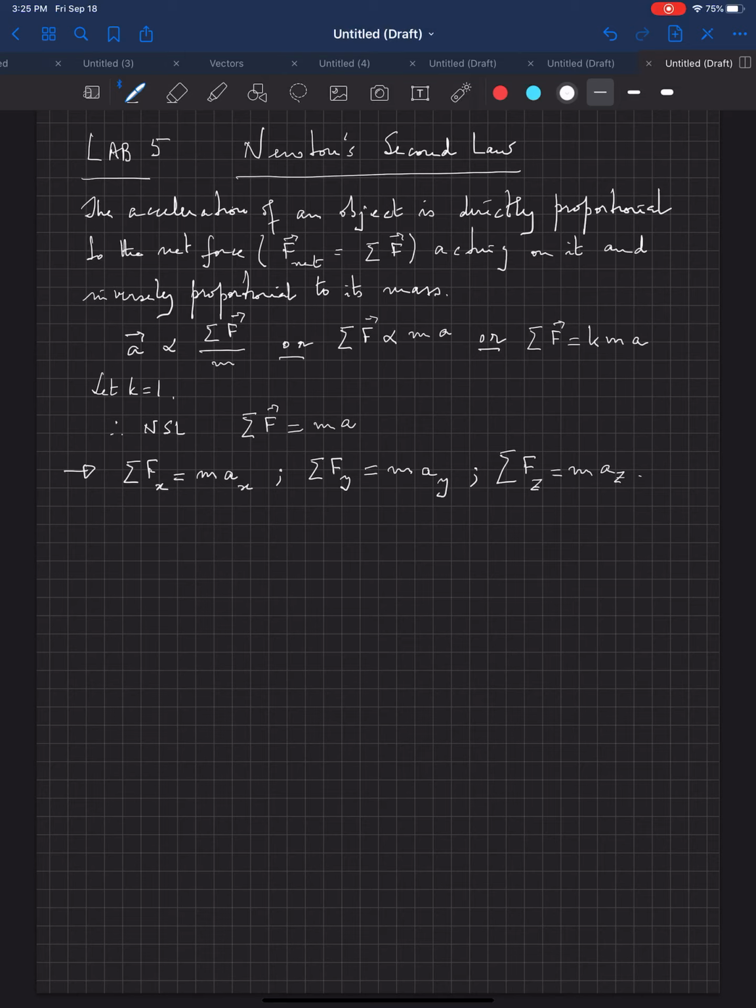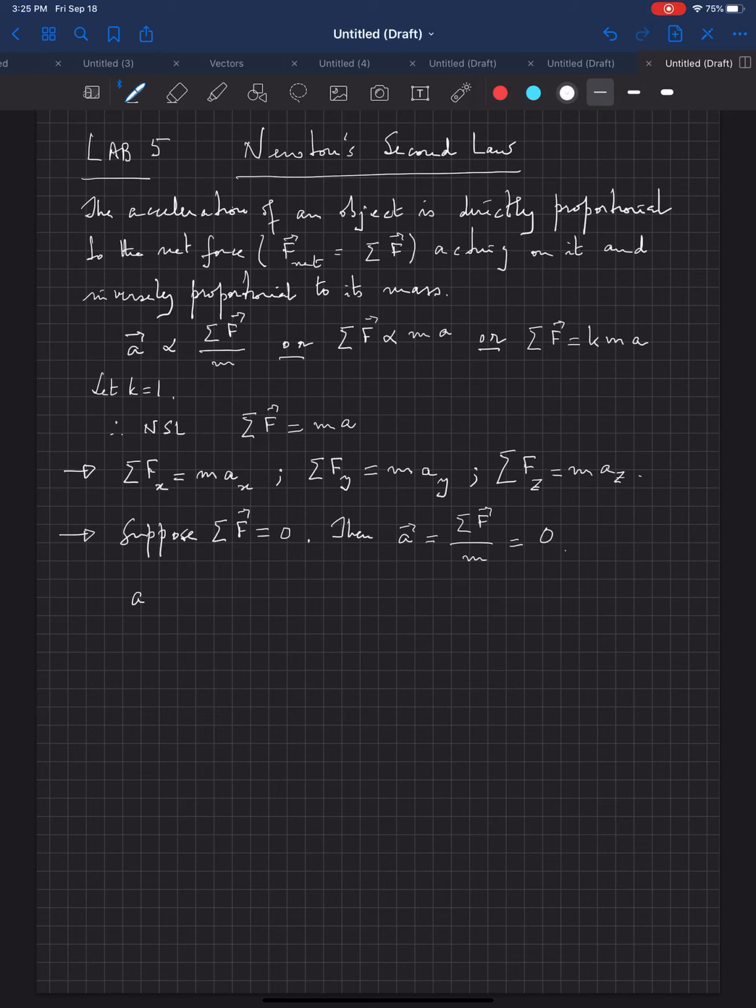Now, one further point, and that's the following: suppose the summation of the forces equals 0. Then what happens is that the acceleration, which is the sum of the forces over m, is equal to 0. And what does a equals 0 mean?